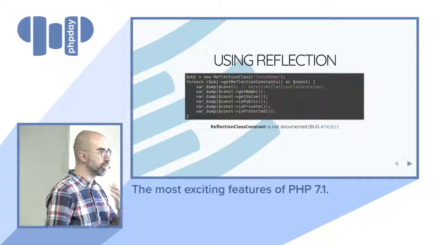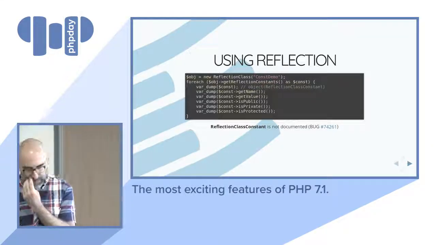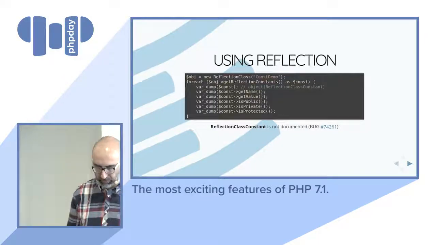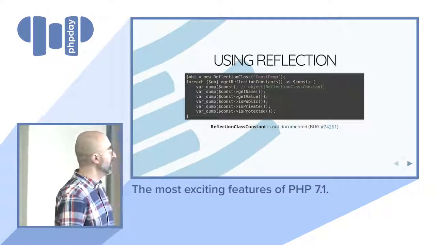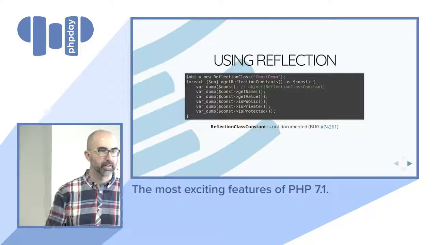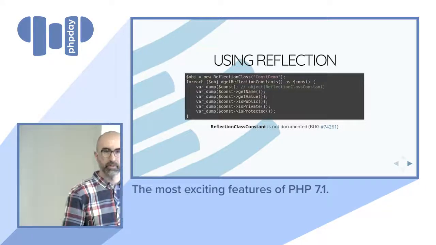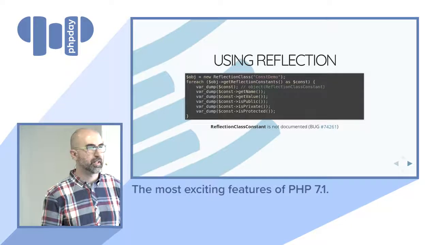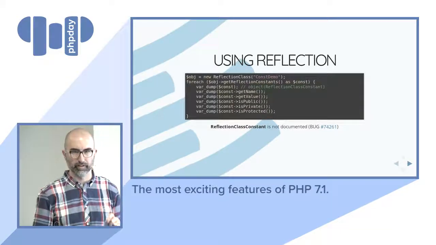So reflection can be useful sometimes. When you're working and you go to the documentation on php.net, sometimes they write, this is not documented yet, we don't have information. So reflection can be useful, and especially Reflection::export. Remember this, Reflection::export is a static function.